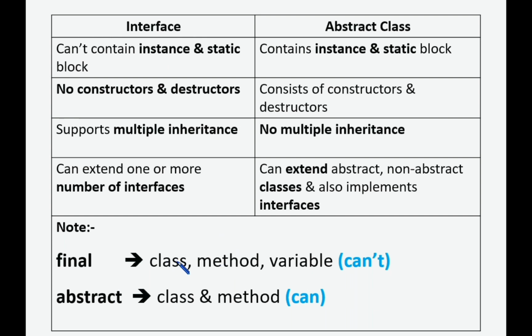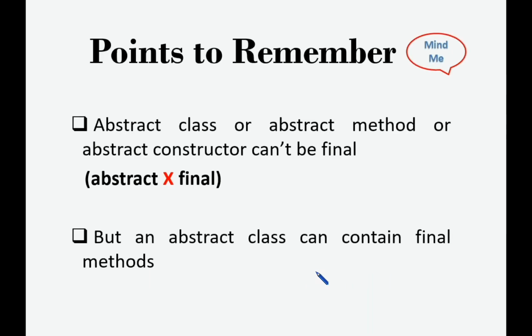A final class can't be inherited. An abstract class should be inherited. A final method can't be overridden. An abstract method can be overridden. A final variable will become a constant, but there is no corresponding abstract variable. Few points to remember.